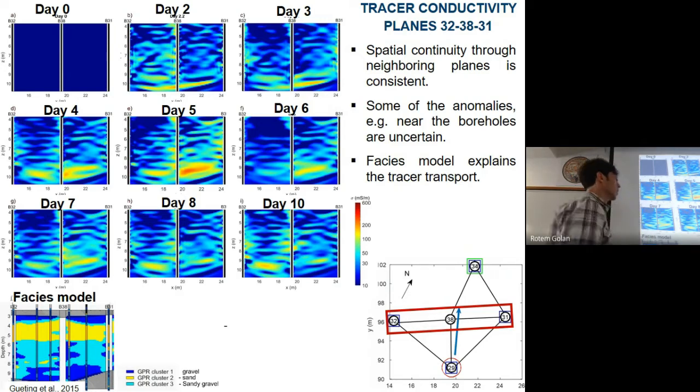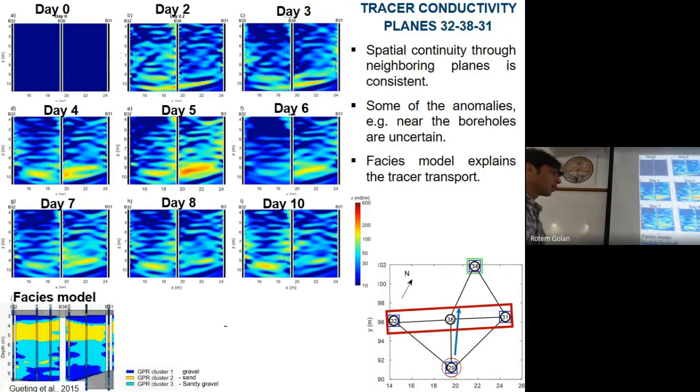What strengthens it is that we see continuity, also spatially and temporally. We know the direction from before. We know the direction where it should go. We know there should be some dilution.